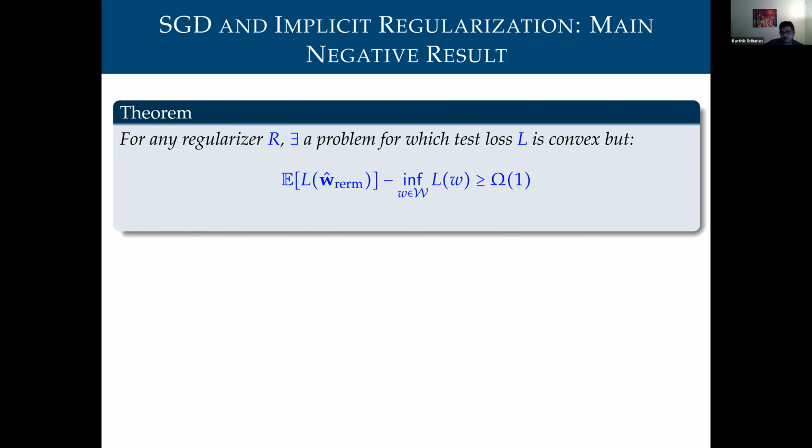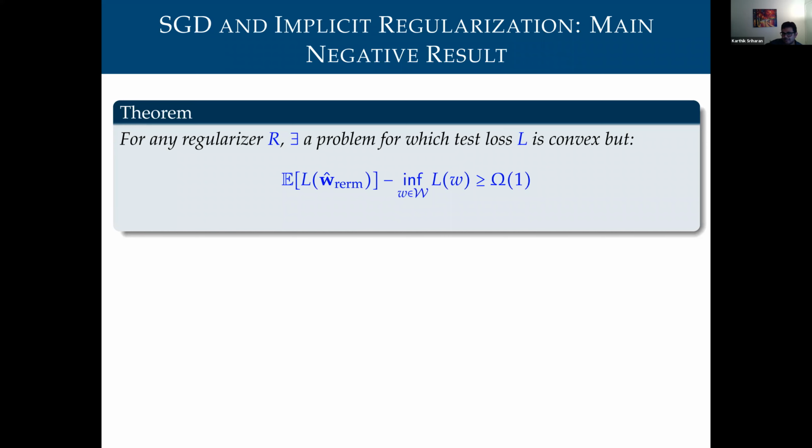Specifically, what we show is the following. For any regularizer R that you can pick, there exists a problem for which the test loss capital L is convex, but the test loss, in expectation over samples, of my regularized empirical risk minimizer is far away from the optimal test loss; specifically, it's lower bounded by some constant.